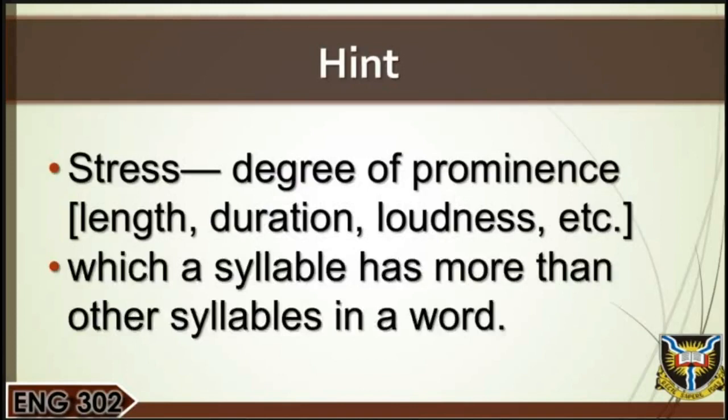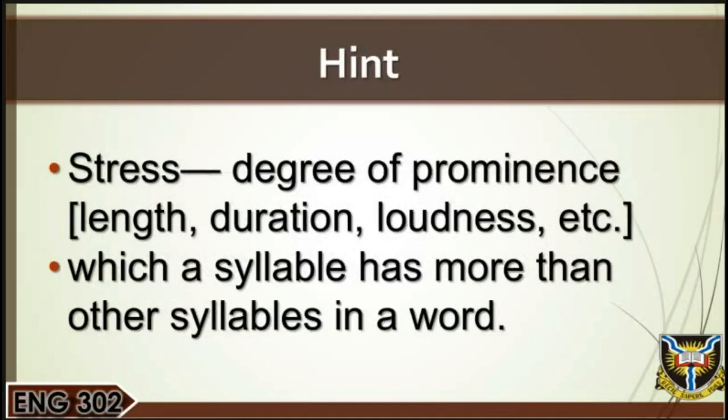Now, let us look at the characteristic activities that accompany a stressed syllable. These are called phonetic cues of stress. It simply means what a listener would perceive to know that a speaker has stressed a syllable of an English word. The pitch of the syllable must be made prominent, different from other syllables.